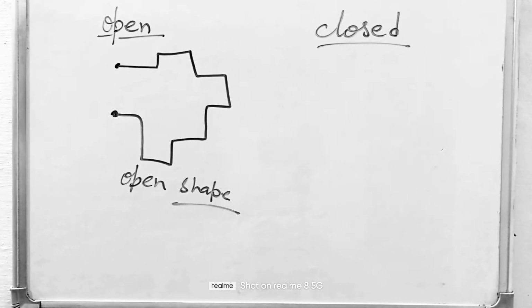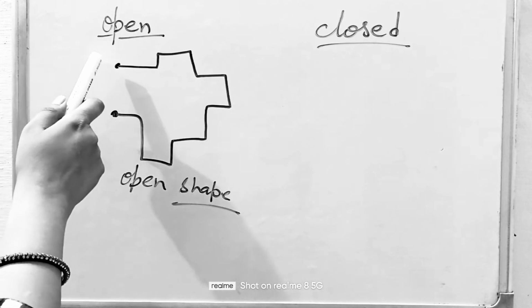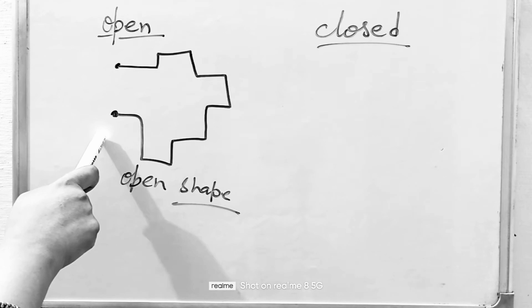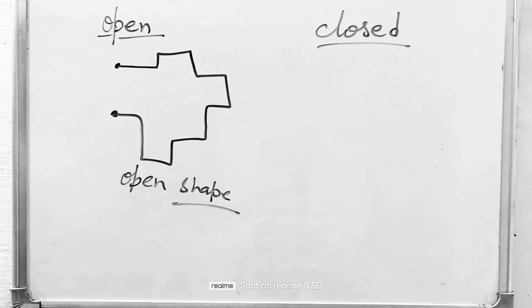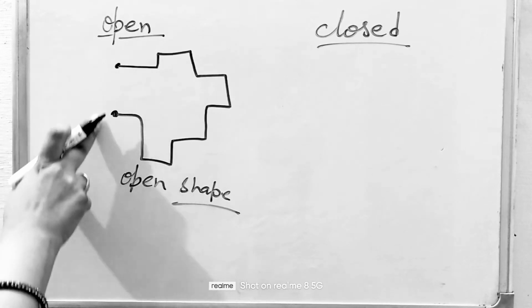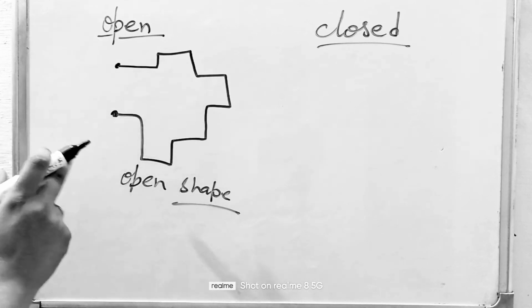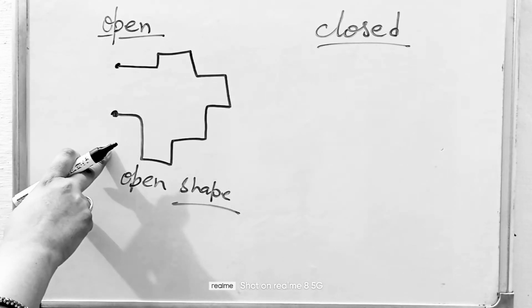So open shapes are those which are started from different point and ends at different point. Or you can identify them by just seeing that one end of it is open, it is not closed.